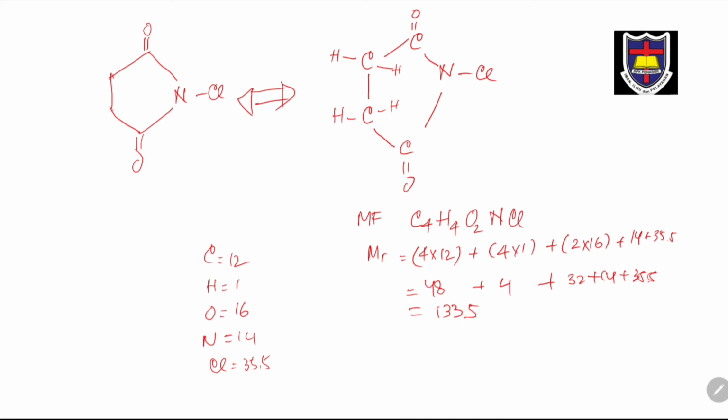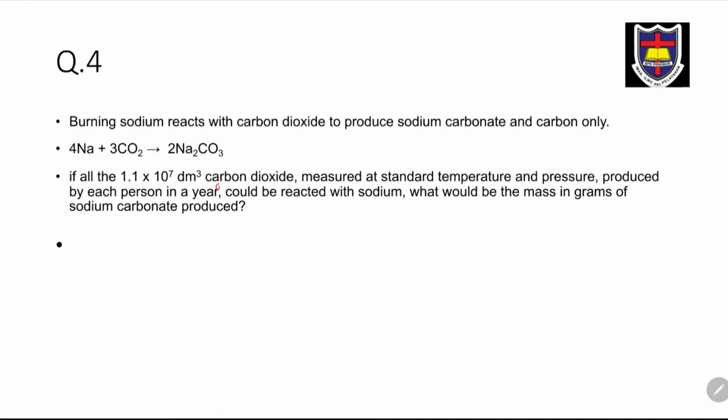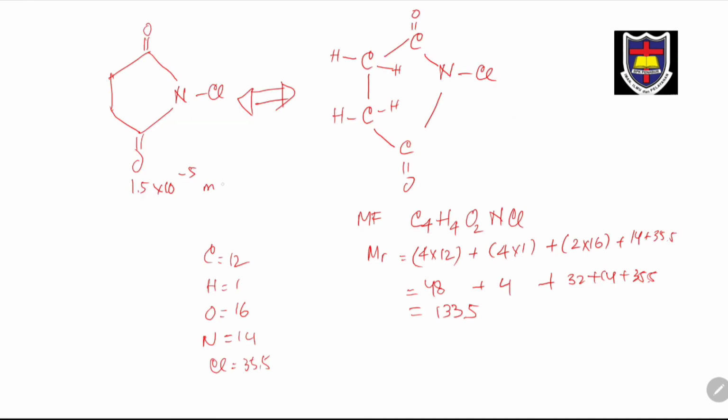The number of moles is 1.5 times 10 to the power of minus 5 mole. This is the n. So the mass is n times Mr, 1.5 times 10 to the power of minus 5 times the Mr, 133.5.